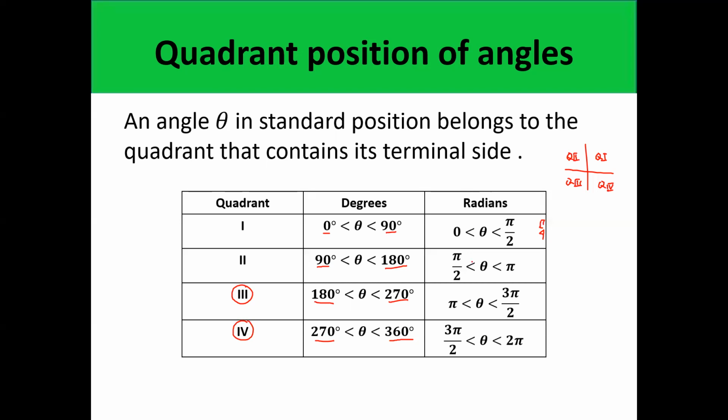In radian measurement, angles measuring between pi over 2 and pi are in the second quadrant. Angles between pi and 3 pi over 2 are in the third quadrant. And angles between 3 pi over 2 up to 2 pi are in quadrant number 4.